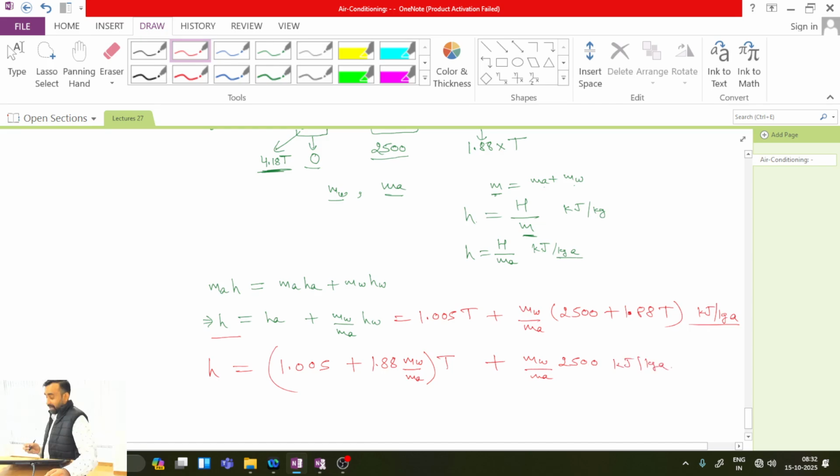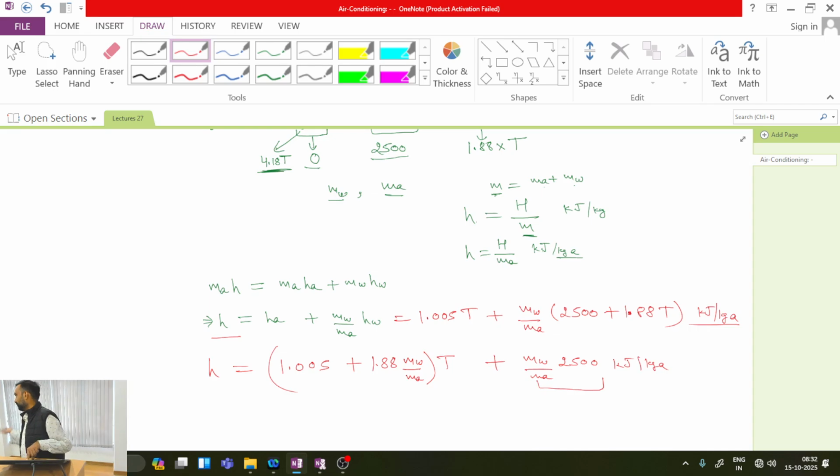Now, what does this last portion represent? This portion represents the latent heat of vaporization, the phase change portion.